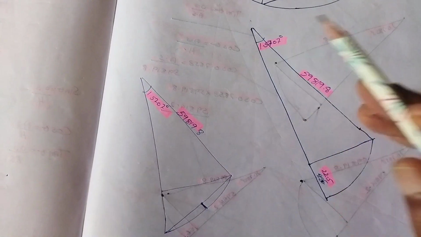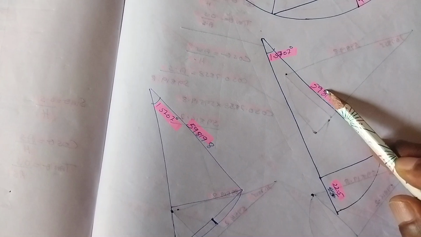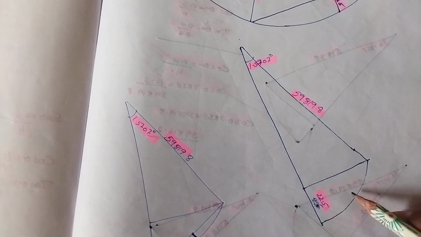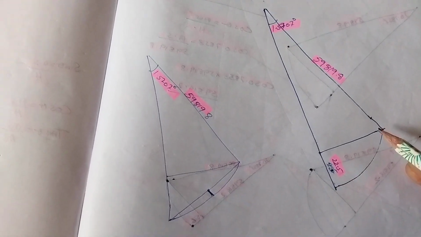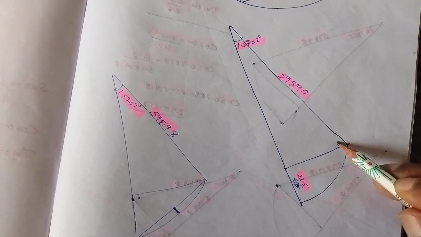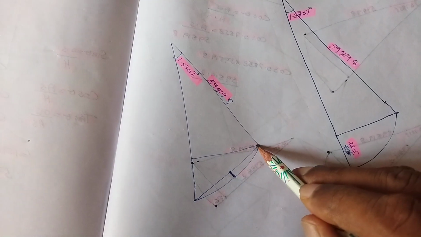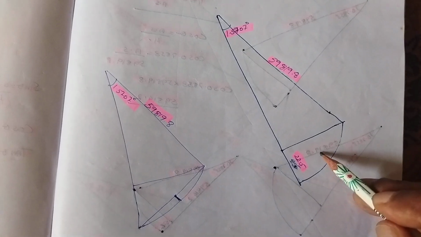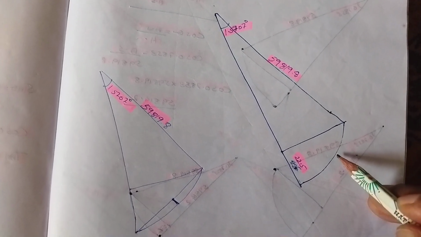Using this degree and this measurement, we can find out the length between this corner and this corner. For that purpose, we have to make a line from here to here. I have drawn one line from here to here. We have to take the center portion, from the center portion to the center of the curved portion.